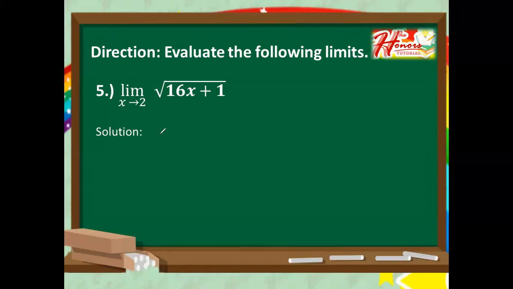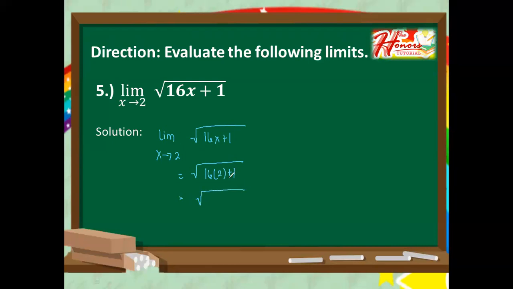Please copy the given first. We have here the limit of the square root of 16x plus 1 as x approaches 2. Please substitute the value of x. So we have here the square root of 16 times 2 plus 1.